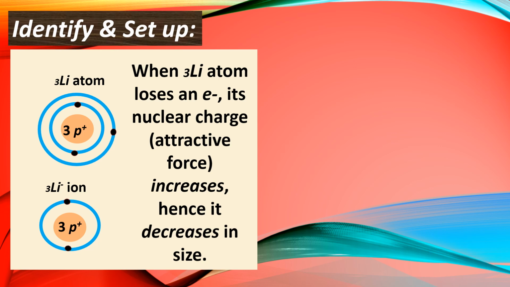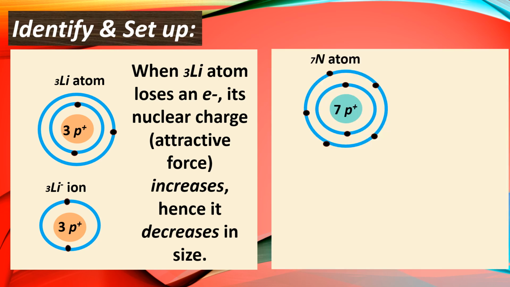Now, for a nonmetallic element in the same period as lithium, such as nitrogen with atomic number 7, its valence electron is 5.